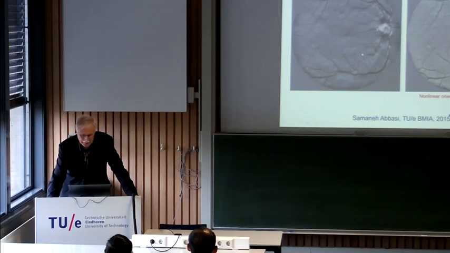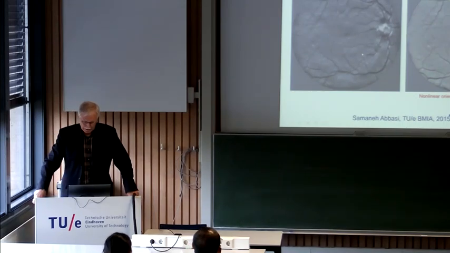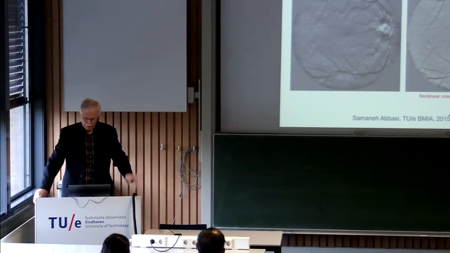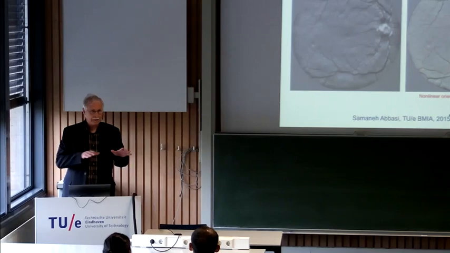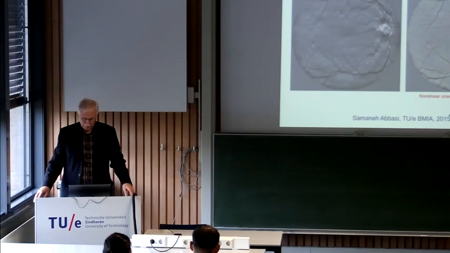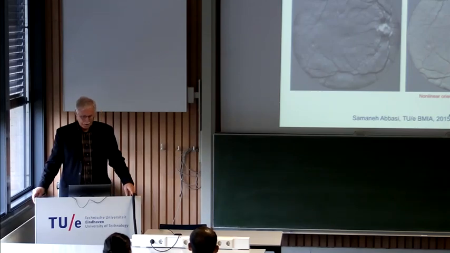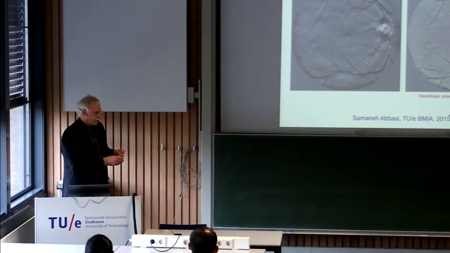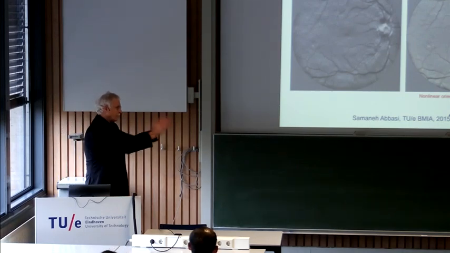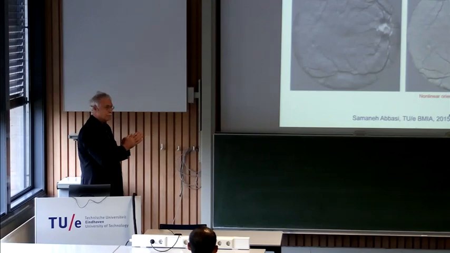This was a very clever technique found by Samaneh Abbasi, a PhD student of mine who did last year her PhD and is now working on the high-tech campus at a deep learning company that makes maps for self-driving cars. She looked at this multi-orientation stuff and she said, hey, if I have a filter that looks along a vessel, I get a very high output.